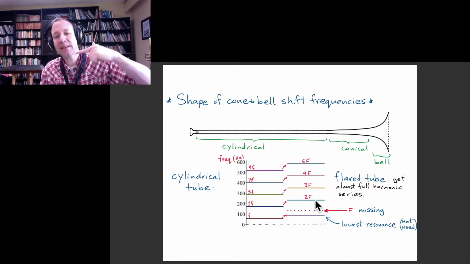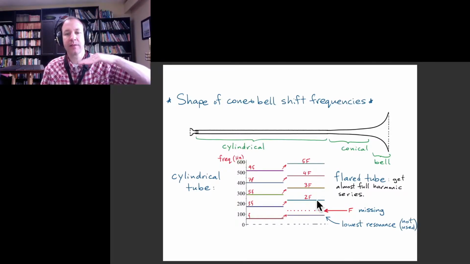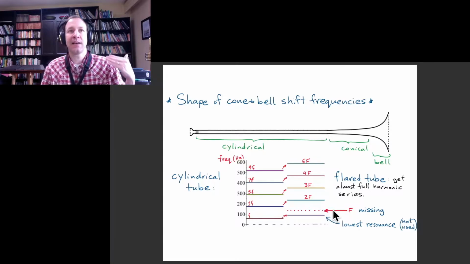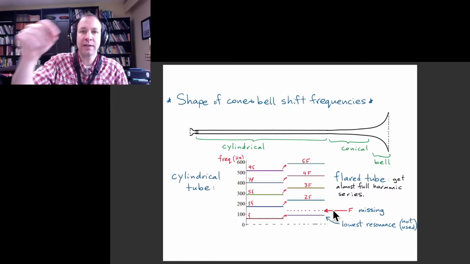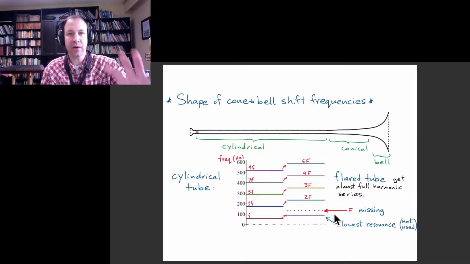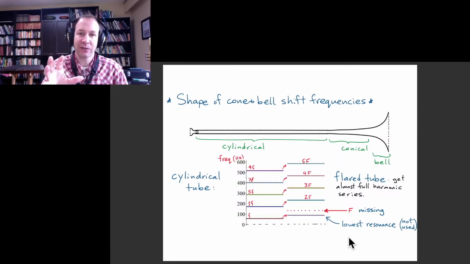And that ends up giving you all of the harmonics of a harmonic series except for the fundamental. So you have the second harmonic, third harmonic, fourth harmonic, fifth harmonic. But then the frequency that would be the fundamental of that series is not present as a resonant frequency of your tube. There is actually one lower frequency that is a resonant frequency, lower than what would be the fundamental, but that frequency is not used very much.